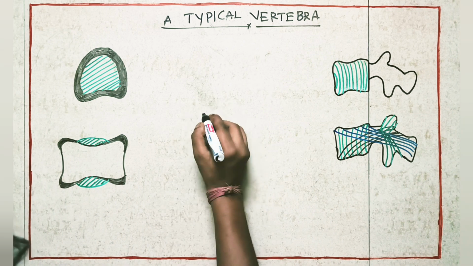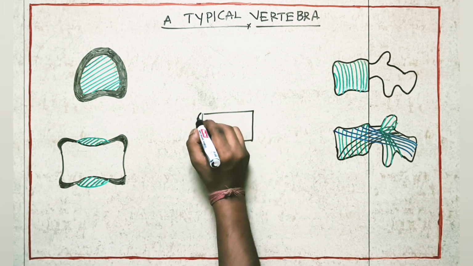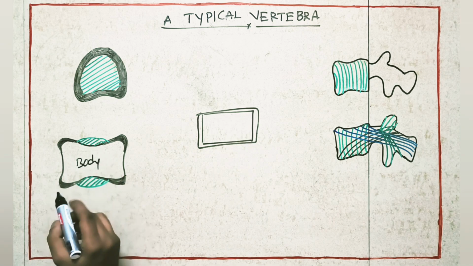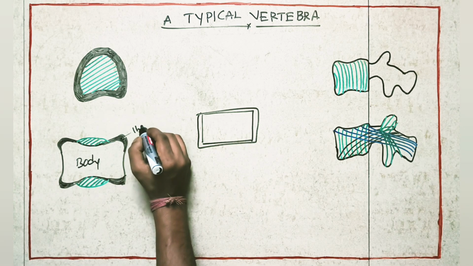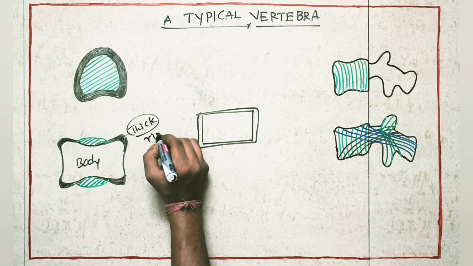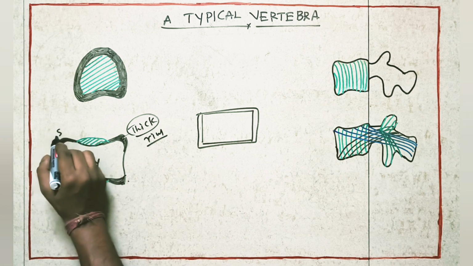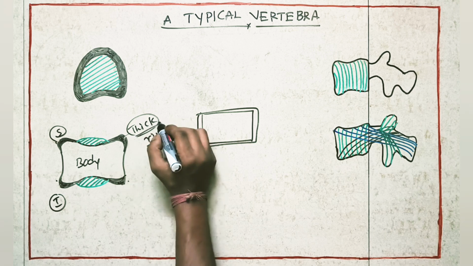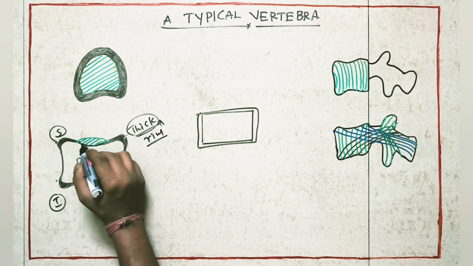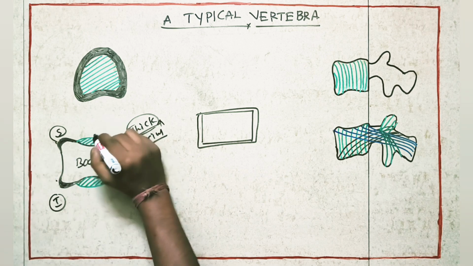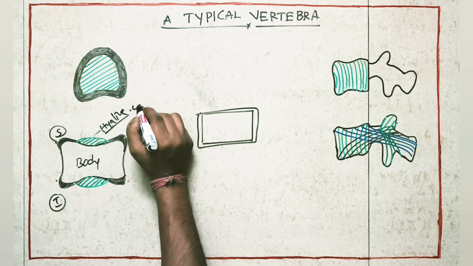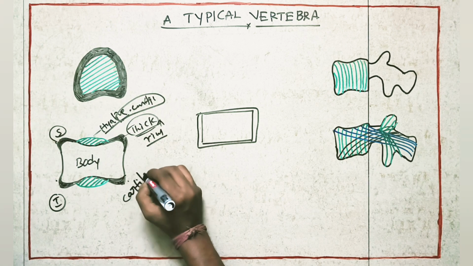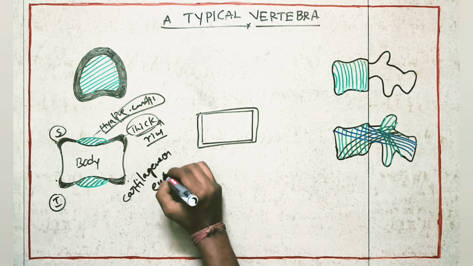If we see the body of the vertebra, outside it is completely cortical bone. The cortical bone will be thick and more at the rim of the vertebra. This is superior, this is inferior. At the superior and inferior rims, the cortical bone thickness will be more, and in the center it is replaced by hyaline cartilage to form the cartilaginous end plate.